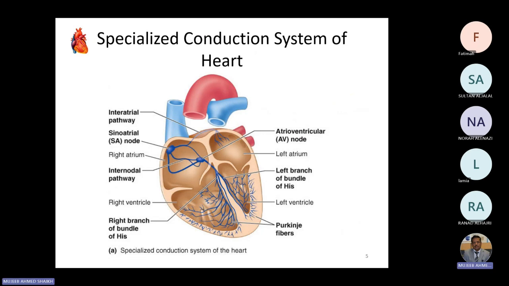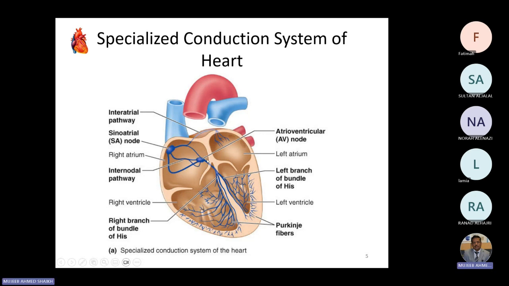The SA node, sinoatrial node, is present in the right atrium at the opening of the superior vena cava. Then there is the AV node, the atrioventricular node, and both of them are connected by the internodal pathway. Any electrical activity which starts here will not go down other than along these blue lines.